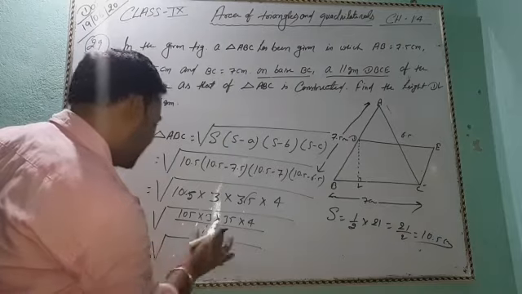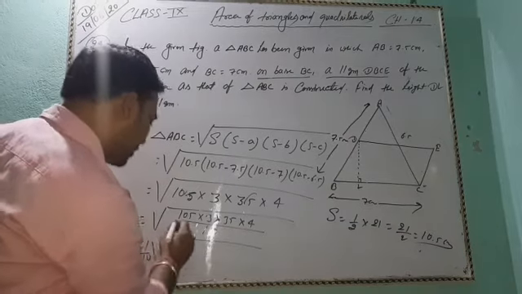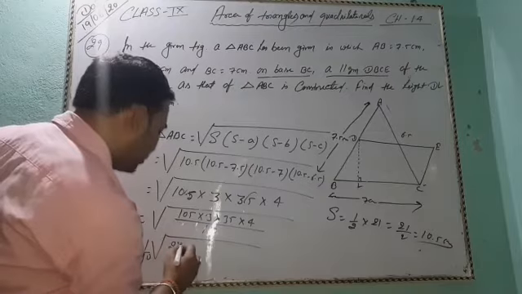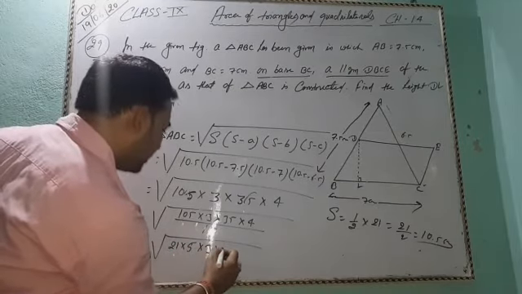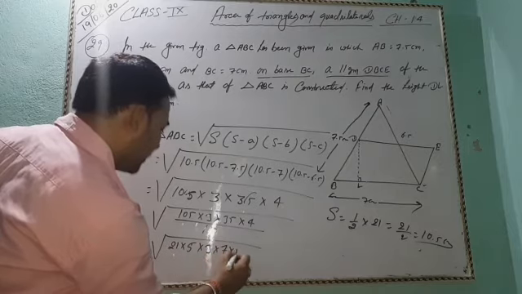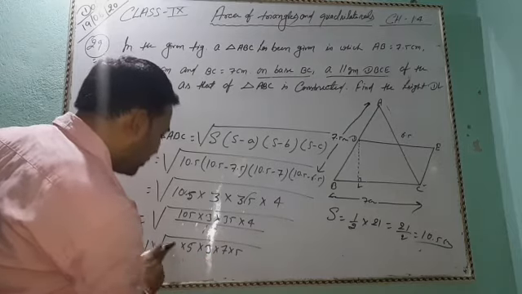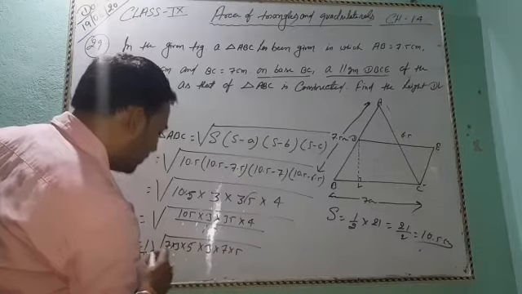1 by 10, from 100 the 1 by 10 comes out, and 105 is 21, 5 multiplied by 3 multiplied by 7 multiplied by 5, and we write 21 equal to 7 multiplied by 3.